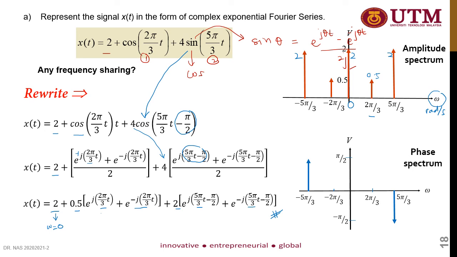And the third frequency at 5 pi over 3, so positive multiply with negative, you get negative pi over 2 at positive frequency, and at negative frequency, negative 5 pi over 3, you get negative times negative positive, so you get positive pi over 2. Okay, so this is both the amplitude and phase spectrum of the given function.